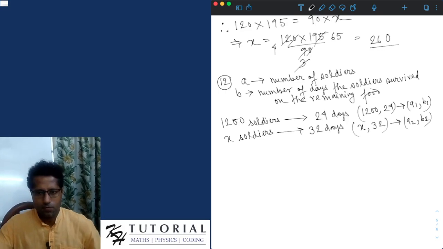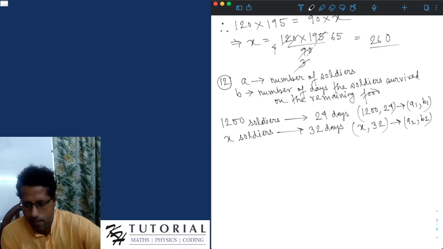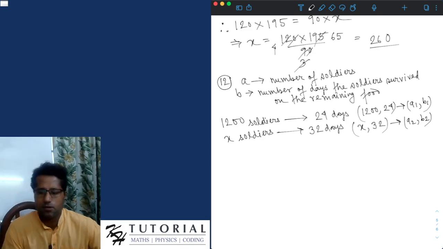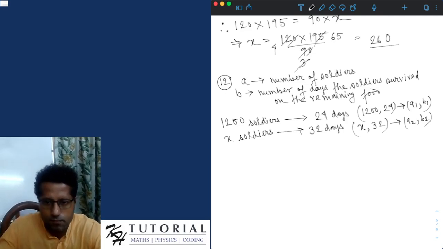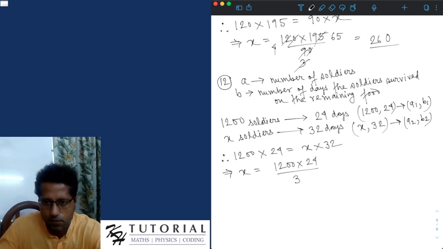Now, we are assuming that after 4 days, whatever food is remaining, that food is lasting for 32 days, and it is serving X soldiers. So now we have that 1200 multiplied by 24 should be equal to X into 32. This implies X will be equal to 1200 multiplied by 24 divided by 32.